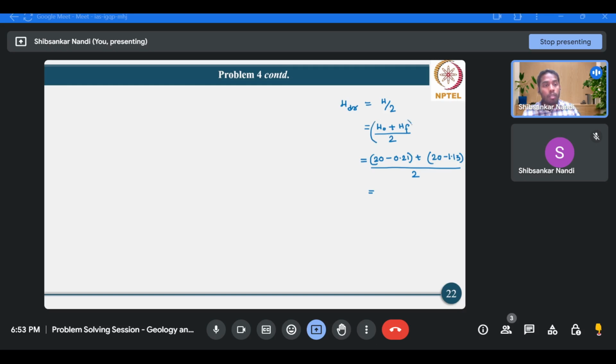Then it has to be divided again by 2 for the drainage path. Which is 9.67. Let me check it once. 9.67. Okay, something like that.